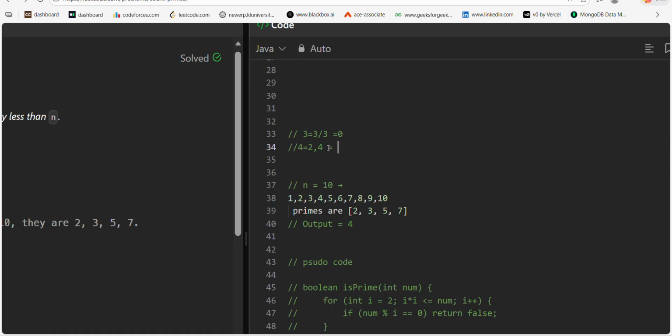So it is not a prime number. I hope you all understand what a prime number exactly is.